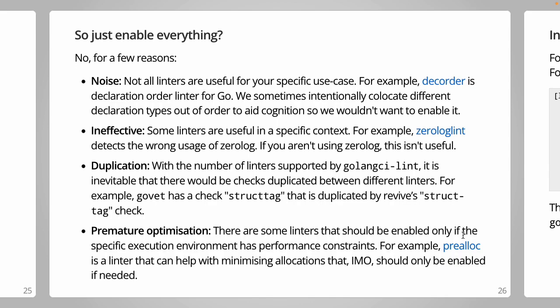In some cases, it might also be premature optimization to enable certain linters. For example, pre-alloc can help you avoid unnecessary allocations when you're working with slices. It basically asks you to pre-allocate. This is a really useful linter in my opinion, but at the same time, I don't think most people need it.